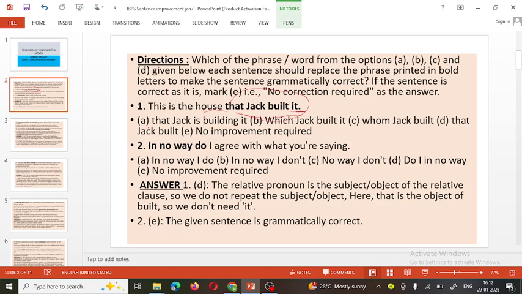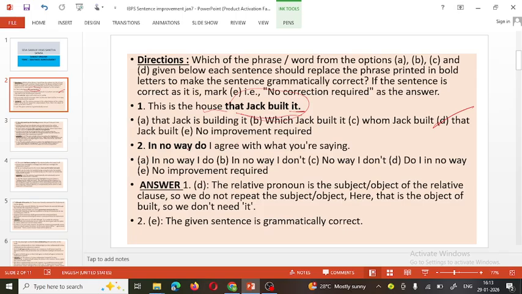See the options given here: that Jack is building it? No. Which Jack built it? When we are talking about the house, which conjunction can be used? That is wrong. Whom Jack built? That is also wrong. That Jack built. So this is about the house, and that is the correct answer here.